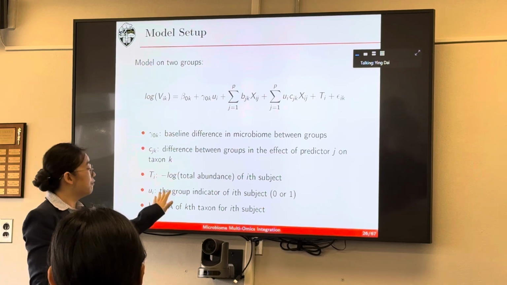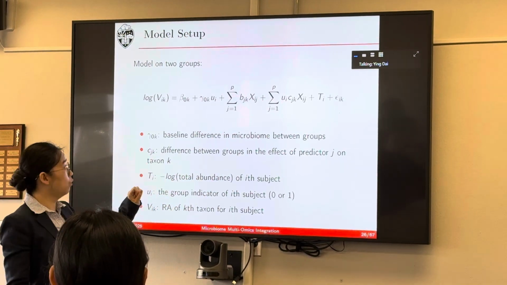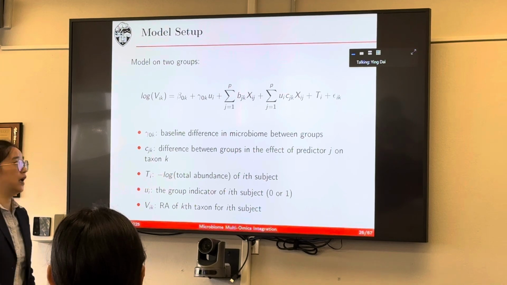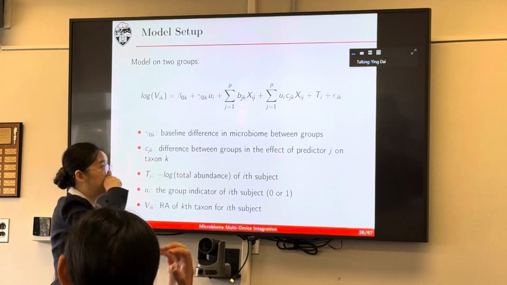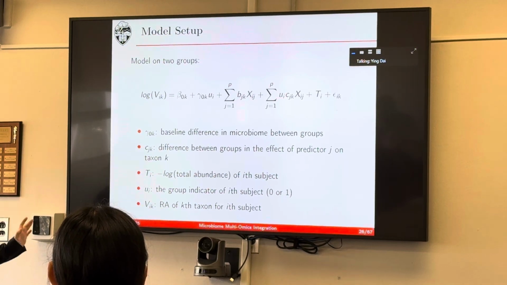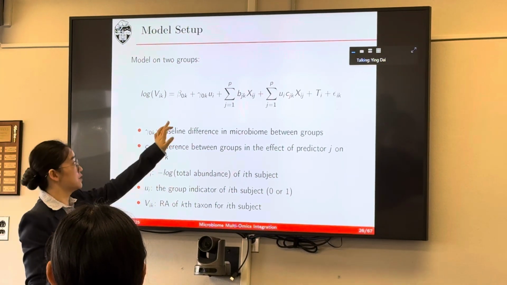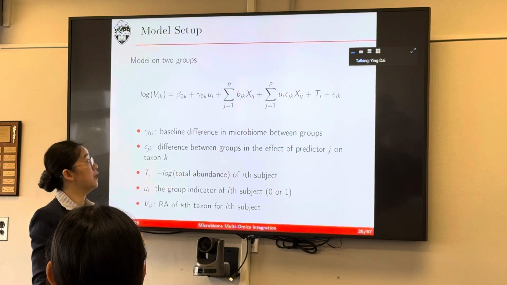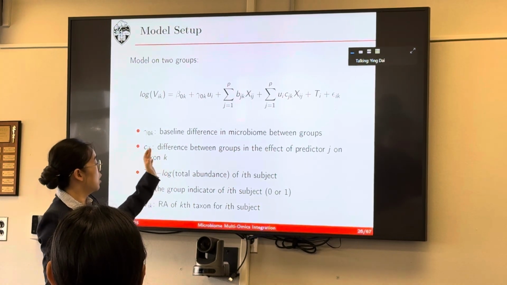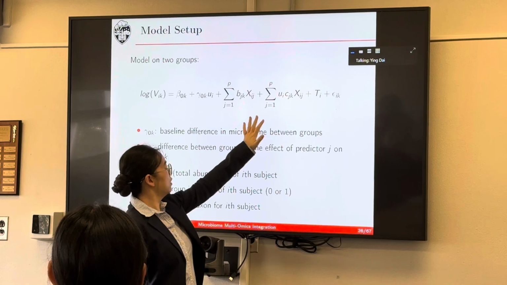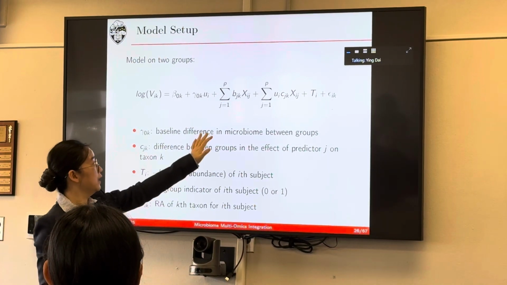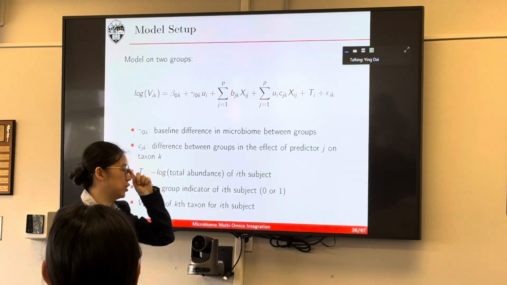But if we change Ui to 1, then we can see the first two terms can combine together, and the third term and fourth term can also combine together. For whatever group is encoded as 1, the baseline is captured by beta 0k plus gamma 0k. Similarly, the association in the group encoded as 1 is Bjk plus Cjk.